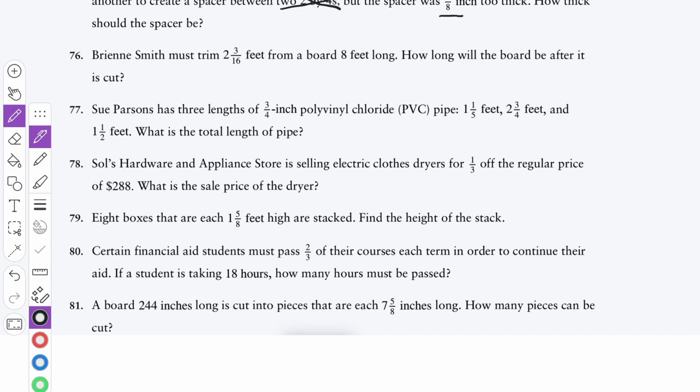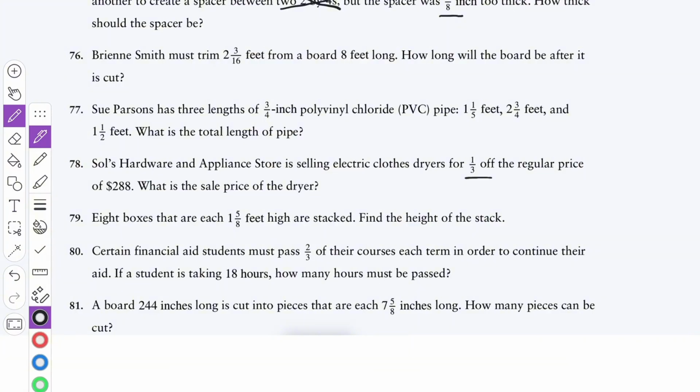And it says here, Soul's Hardware and Appliance Stores selling electric clothes dryers for 1/3 off of the regular price of $288. Okay, so how do we figure that out?